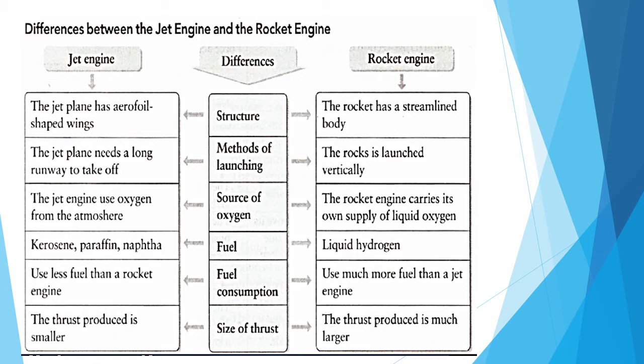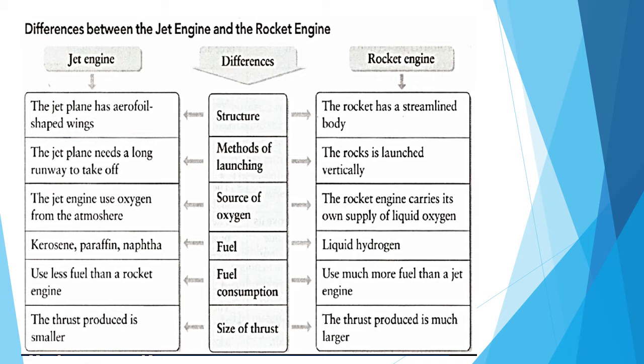Whereas the rocket engine, the shape of the rocket is a streamlined body. Method of launching. The jet plane needs a long runway to take off, whereas the rocket is launched vertically, so it does not need a long runway.